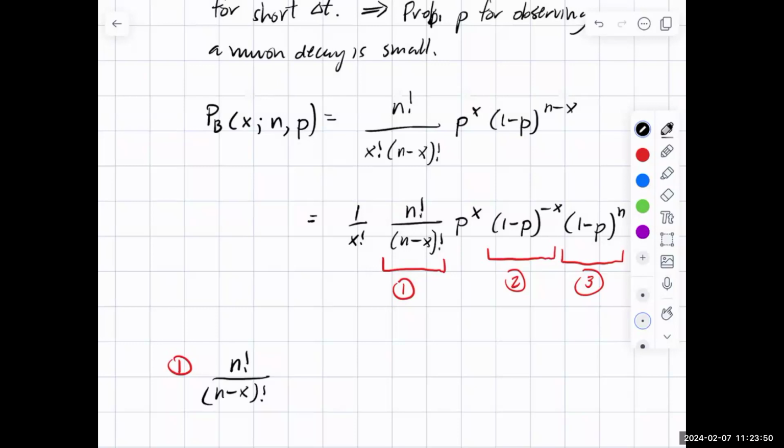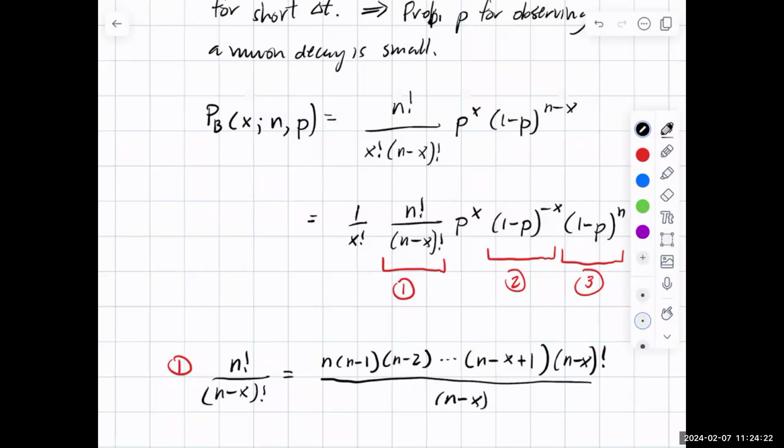So in fact, we could write this as N times N minus 1 times N minus 2, and so on. And then we're eventually going to get to N minus X plus 1. And then we'll have N minus X. And instead of writing N minus X times N minus X minus 1 times N minus X minus 2, I could leave this last thing on the tail as N minus X factorial. And then, of course, that's divided by N minus X factorial, and those are going to cancel.